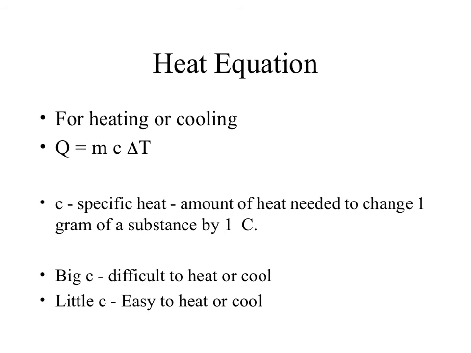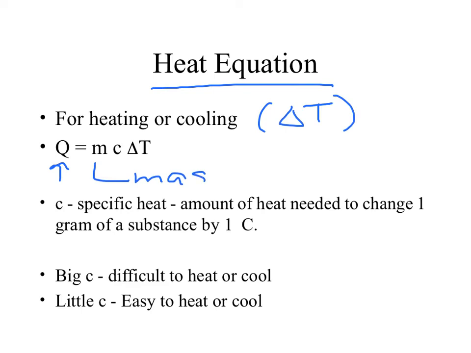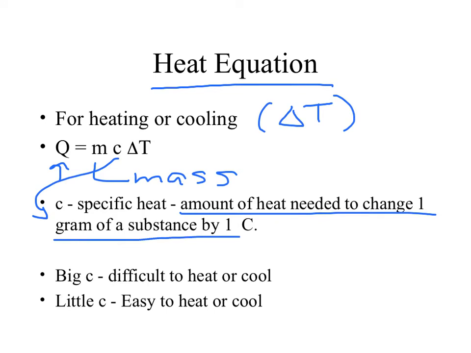Now let's look at the equation you would use for solving for heat energy. If something's being heated or cooled, meaning there's a change in temperature going on, the equation is Q, heat, equals M, which is mass, times C, which is specific heat. It's the amount of heat that you need to change 1 gram of a substance 1 degree Celsius.